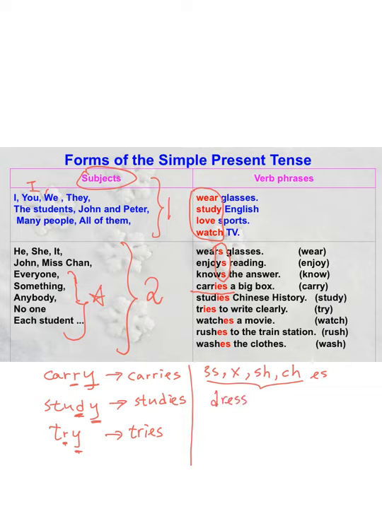The verb dress ends in ss, so we need to add es in the simple present tense after a type 2 subject, like she dresses beautifully.